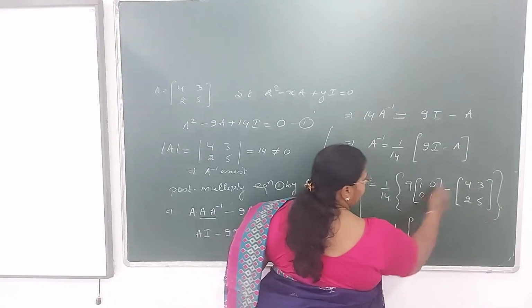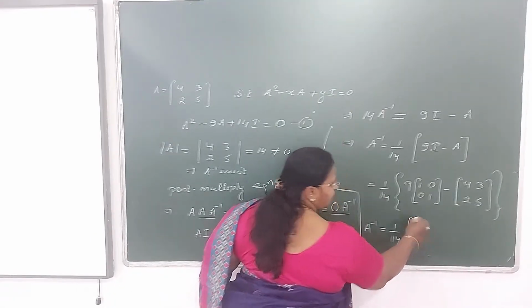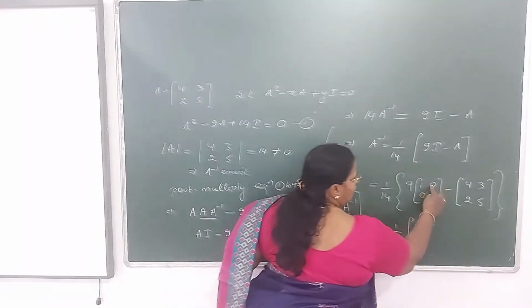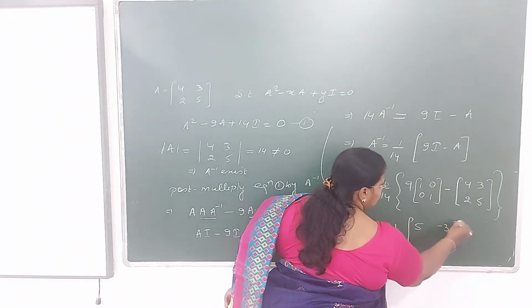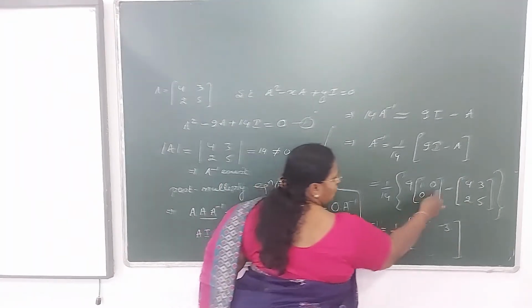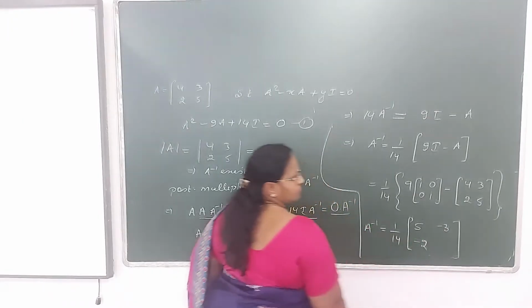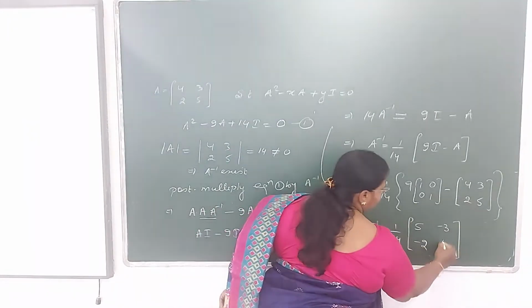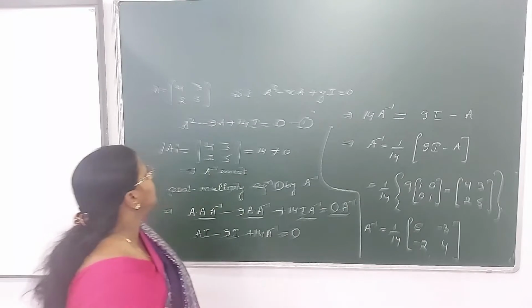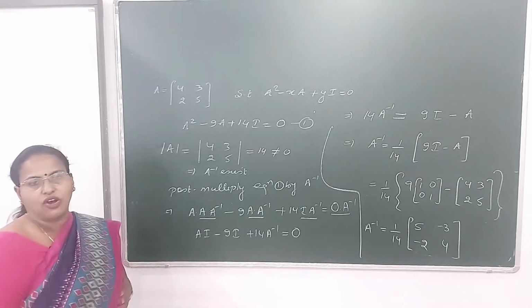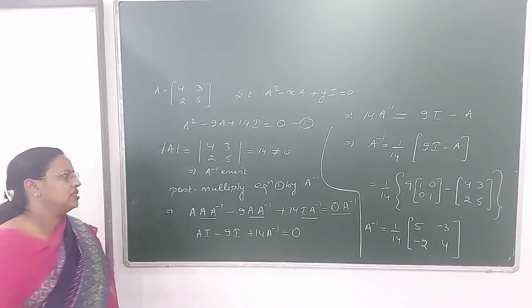This is 9 minus 4, it's 5. 0 minus 3, it's minus 3. 0 minus 2, it's minus 2. 9 minus 5, it's 4. So this is the answer for A inverse.